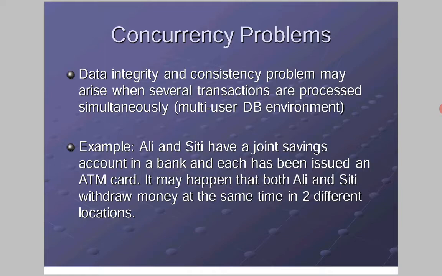So a concurrency condition in DBMS exists whenever we try to access the same records or same database by a number of users at the same time. A simple example is the same account with two different users with the same ATM cards.